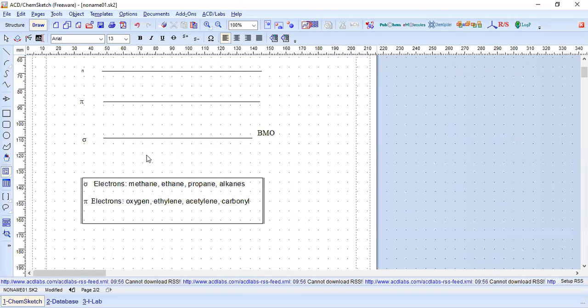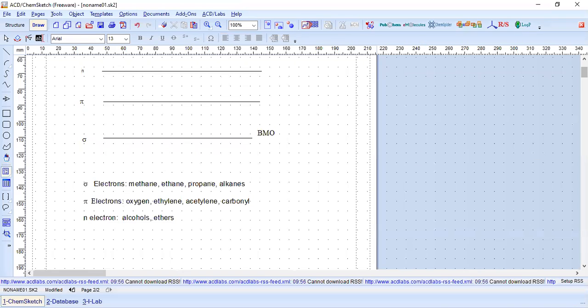And n electrons means non-bonding electrons, where we are getting alcohols, ethers, wherever we are seeing. These are the examples for these electrons and the corresponding molecules.